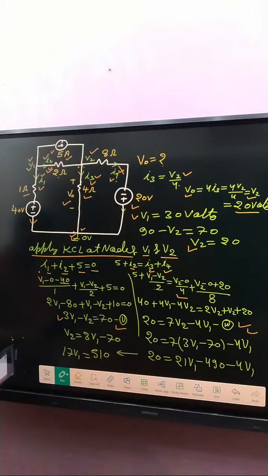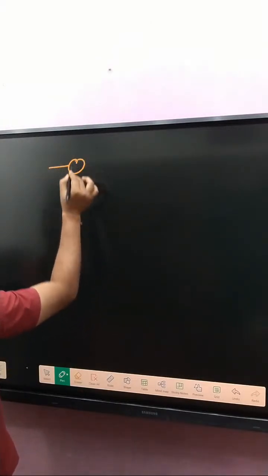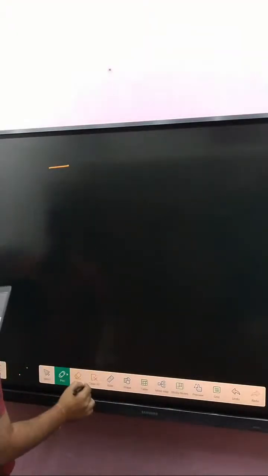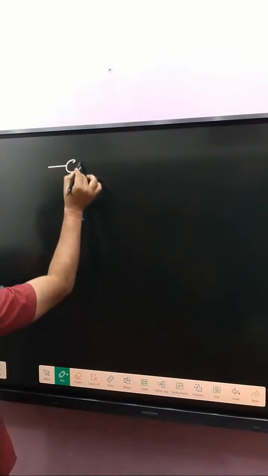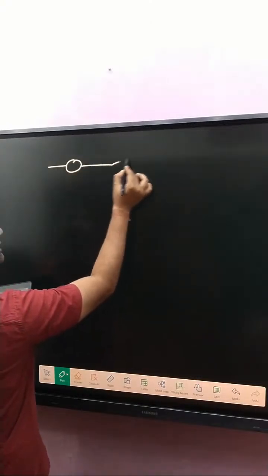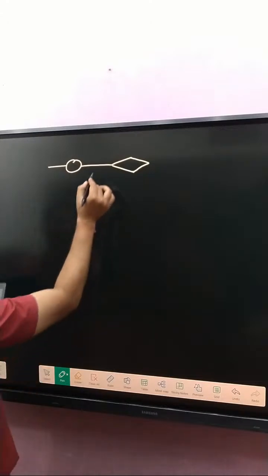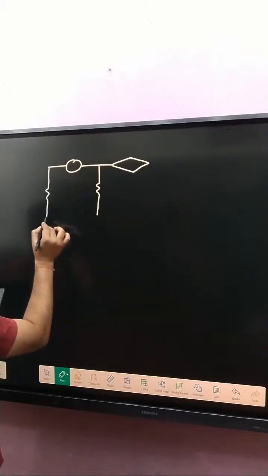So now the next problem is: a current source, sorry, here a current source like that, another independent current source, and here a resistance, another resistance connected like that.